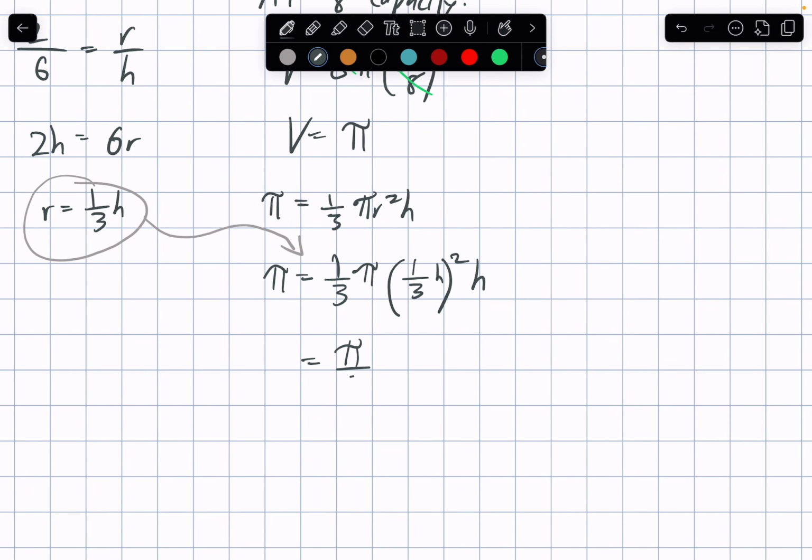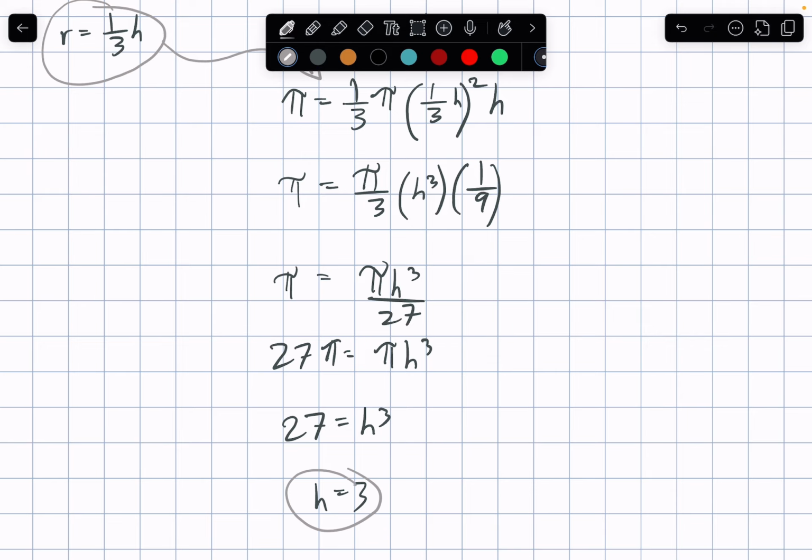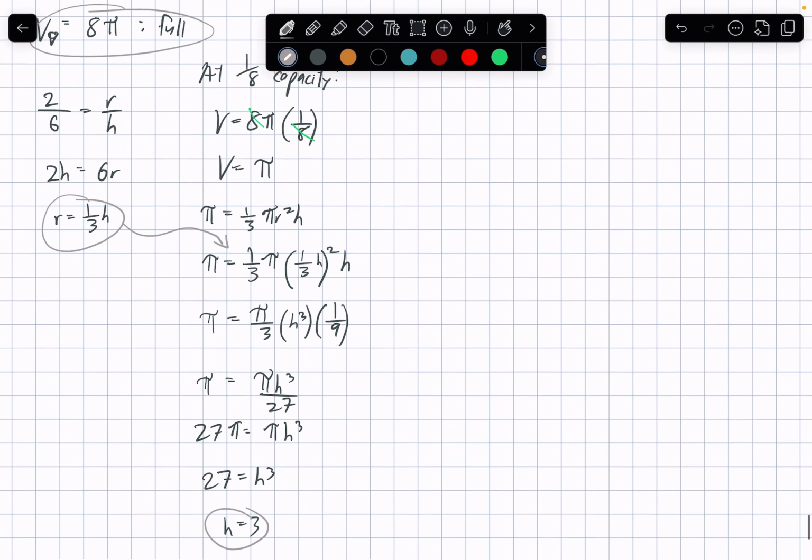So we will have pi over 3 times h cubed over 9. So we have pi h cubed over 27. 27 pi equals pi h cubed. Solve for h. 27 equals h cubed. h is therefore equal to 3. So we found the height.